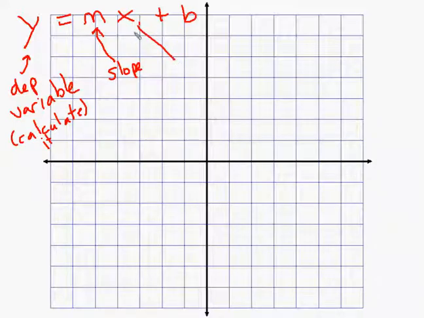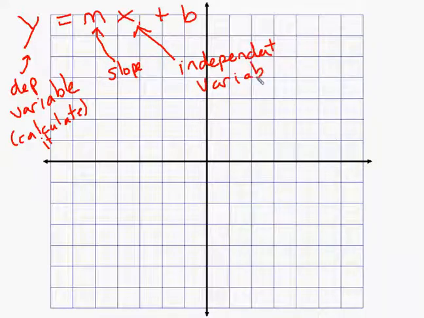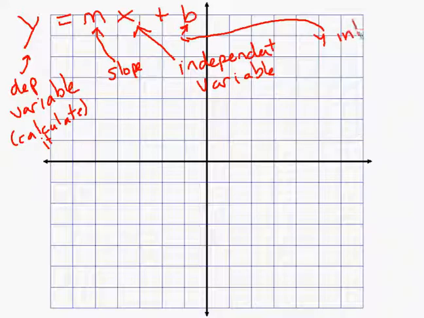And x is our independent variable. We do not calculate that. And b, that's going to be our y-intercept.